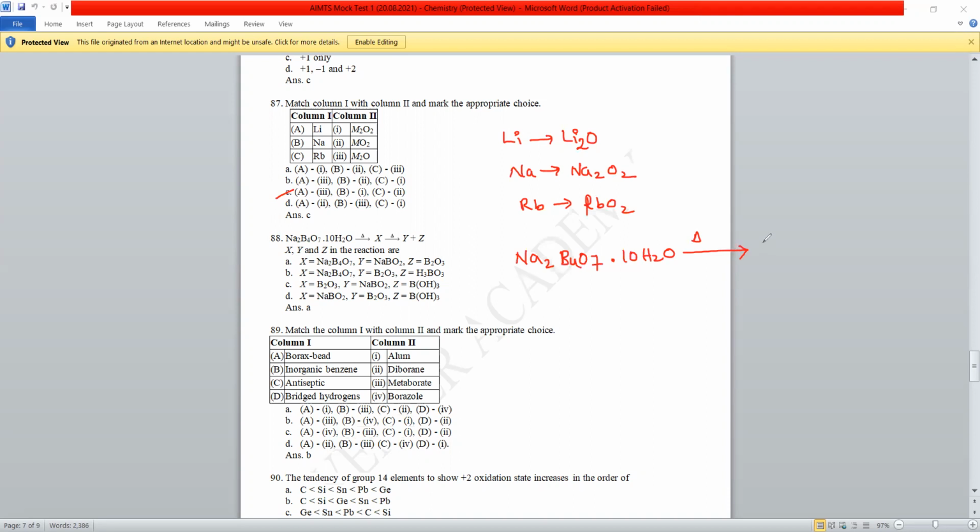Water molecules evaporate, and we will get Na2B4O7. Then after heating again, it gives sodium metaborate, NaBO2, and another one, B2O3, the oxide, boric anhydride, also will be given. So answer you can check, option A is the correct one.